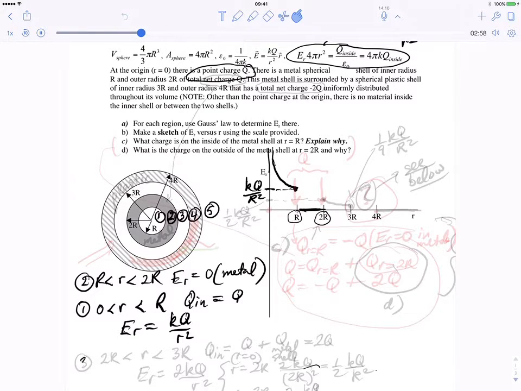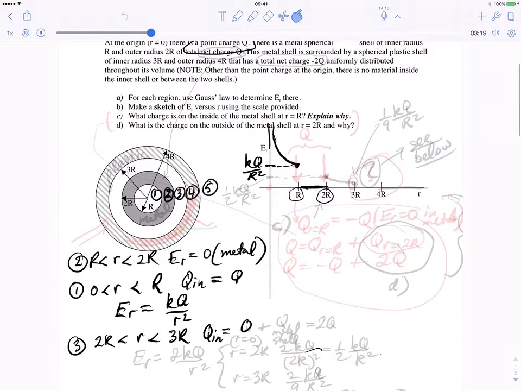So region 3, what do we have? Well, region 3 runs from twice R to 3 times R, big R that is, and Q_enclosed is equal to that point charge at the origin, little r equals 0, plus the net charge of the metal shell, and it's given that the metal shell has a net charge of Q, right?